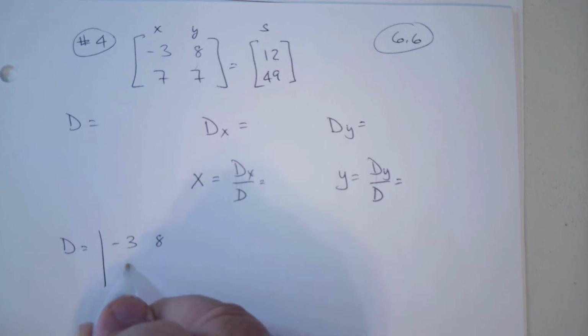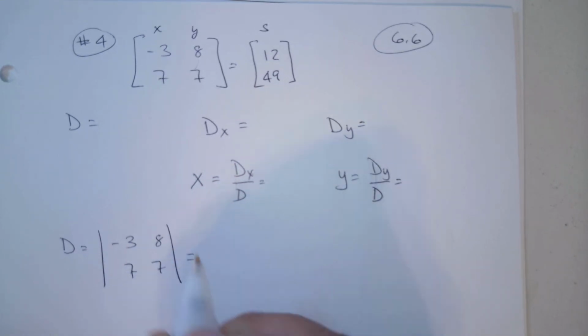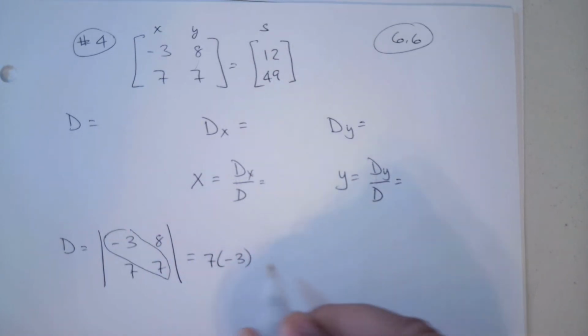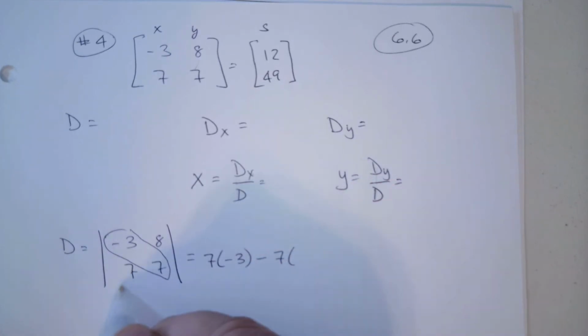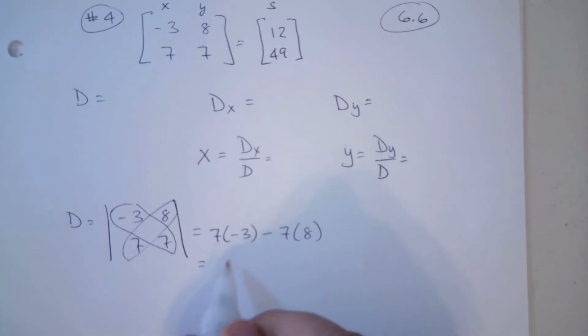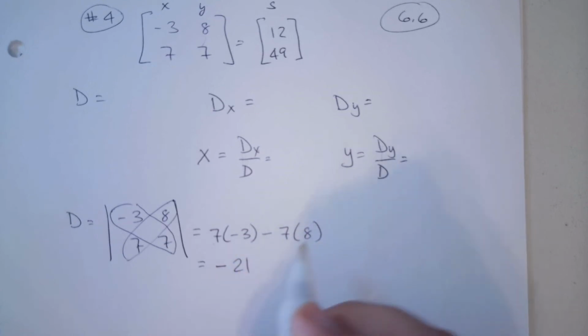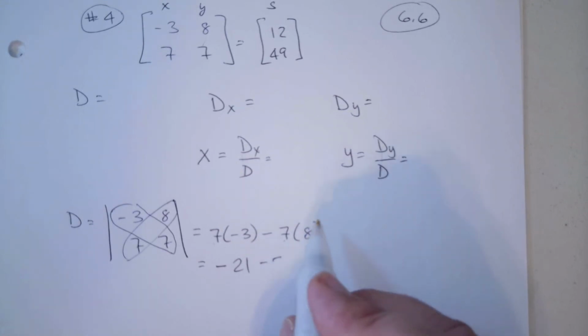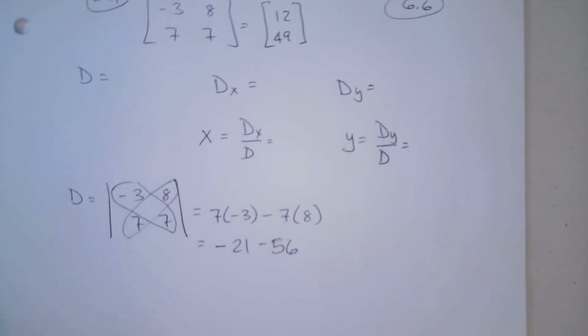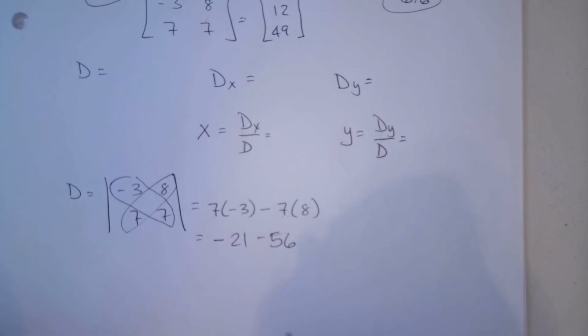Negative 3, 8, 7, 7. So it's 7 times negative 3 minus 7 times 8. Positive negatives and negatives. 7 times 3 is 21. 7 times 8, so 7 times 7 is 49, 49 plus 7 is 56.